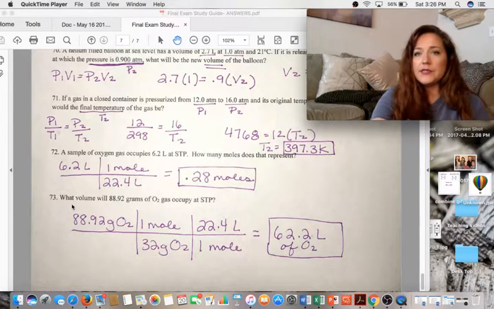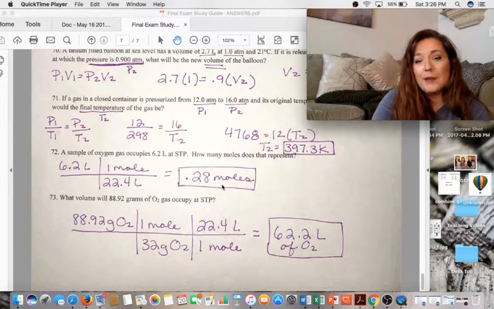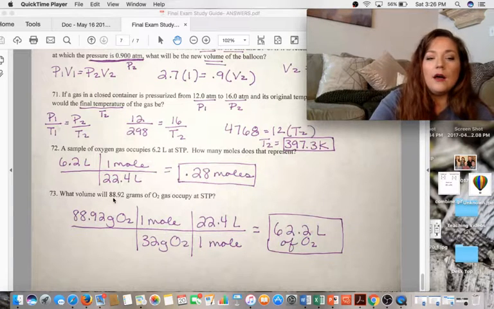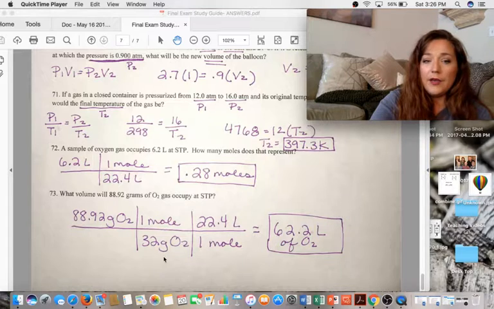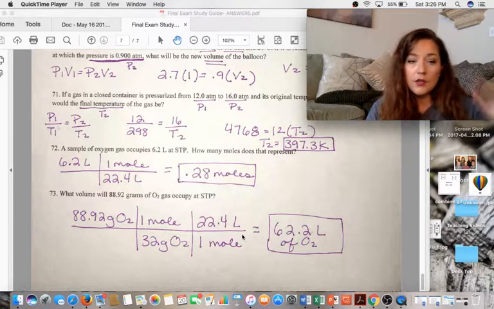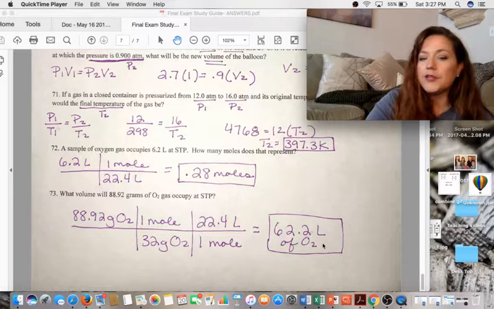So I start with 6.2 liters, divide by 22.4 liters to get the moles, and I have 0.28 moles. Then the mass will be 88.92 grams of O2. So I get grams to moles, moles to liters. Even though it is grams to moles, the liters is constant. It's still 1 mole to 22.4 liters, ending you with 62.2 liters of O2.